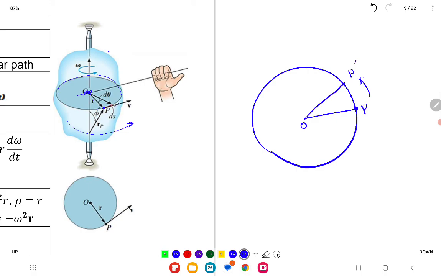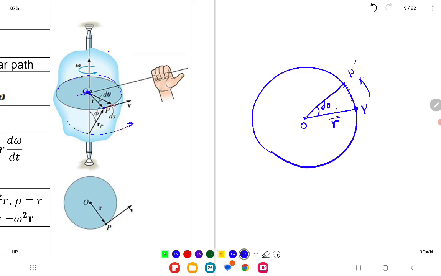By the way, this is the position vector R, measured from the origin O to the point B. So it made an angle delta theta, and this angle I'm talking about is a very small angle. So we need to find this displacement. It's equal to the length of the arc. How to find the length of the arc?